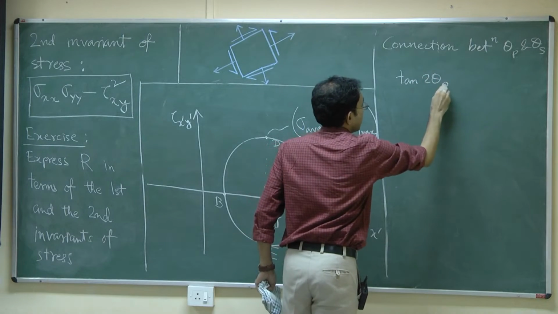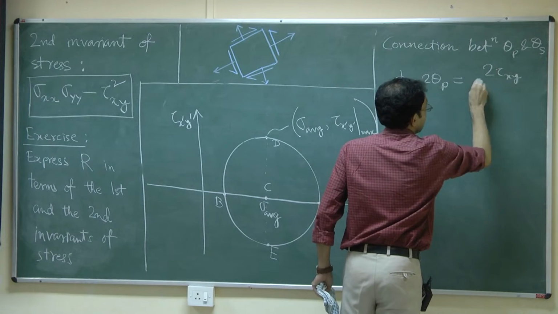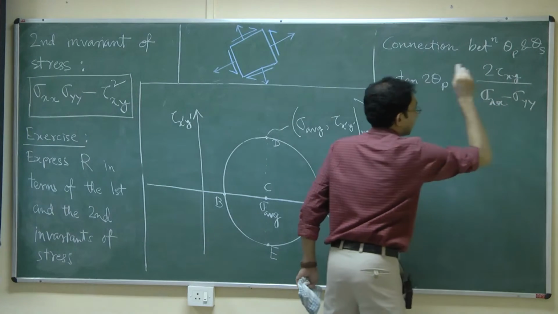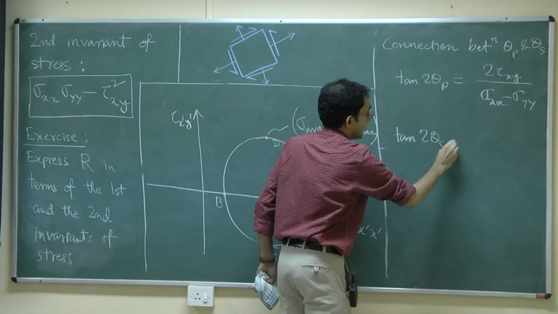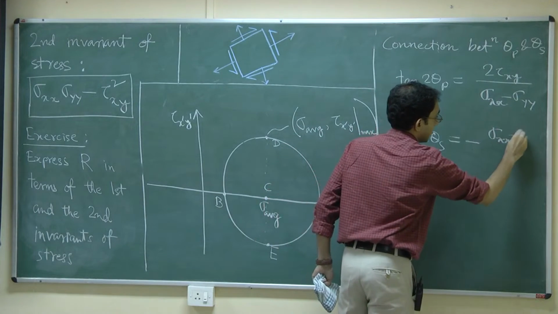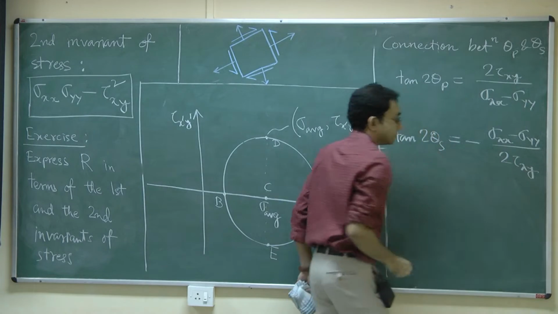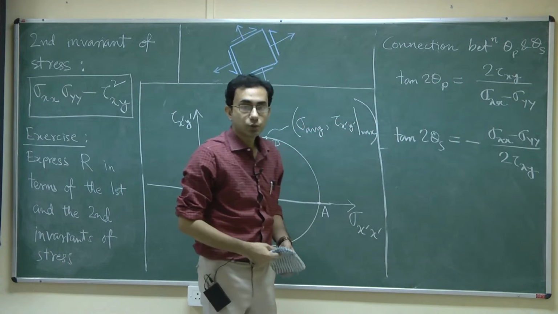So our tan 2 theta p was equal to 2 sigma xy divided by sigma xx minus sigma yy, and tan 2 theta s was equal to minus of sigma xx minus sigma yy divided by twice sigma xy. Now you see there is a certain pattern almost presenting itself to us directly.